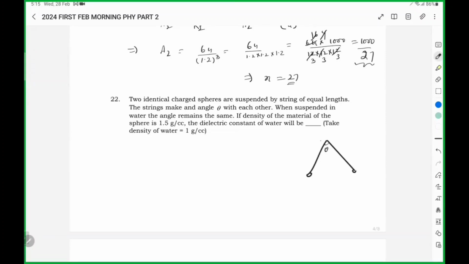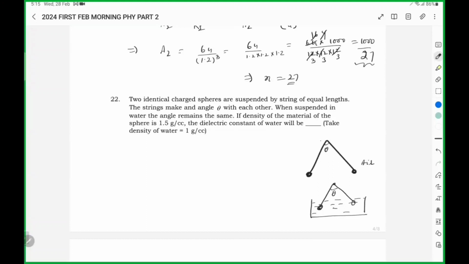This is in air. When they are suspended in water, the angle remains the same. So the next case, what he says, when they are suspended in water, angle remains the same.